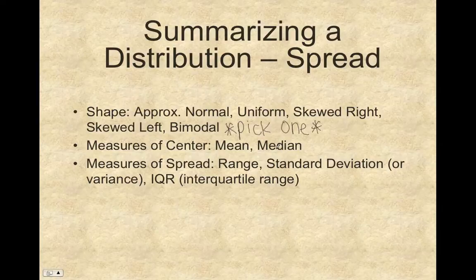For center, you can either find the mean or the median, whichever is easiest for you to find in that scenario. And for spread, you can give the range, which we've talked about already. That's max minus min. That's probably the easiest one. You can calculate the standard deviation or the variance if you're really feeling like it. Or you could calculate the interquartile range. You could do any of these for spread.